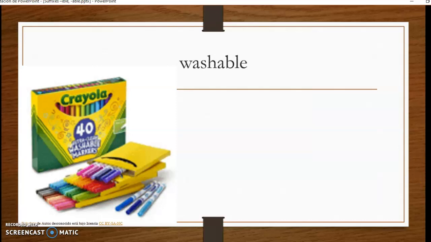Washable. In this case, I put some crayons. Washable means easy to erase from a wall. What else can be washable? Paint. Paint on the wall where you can use crayons, and the crayons are washable from a wall that is covered with washable paint.